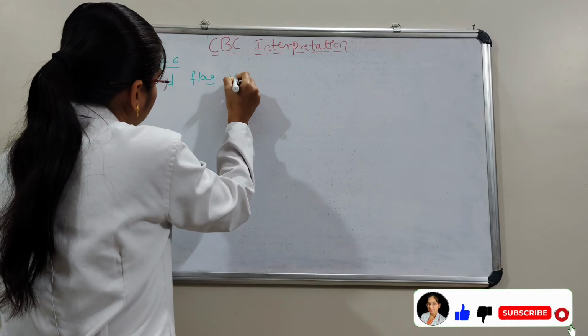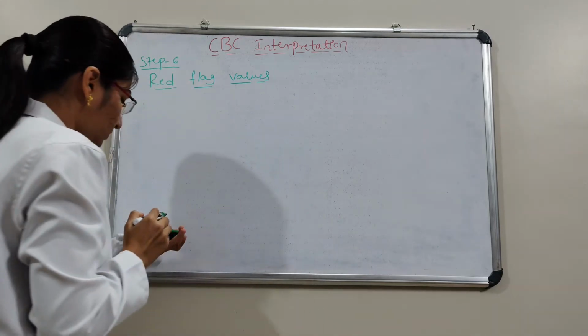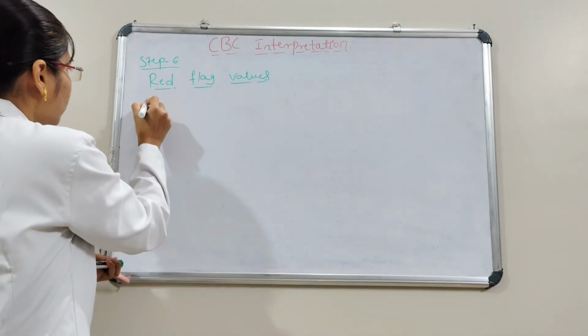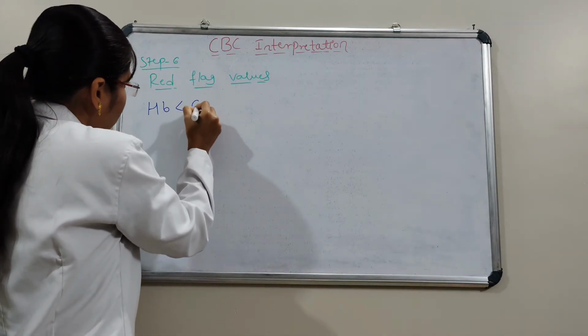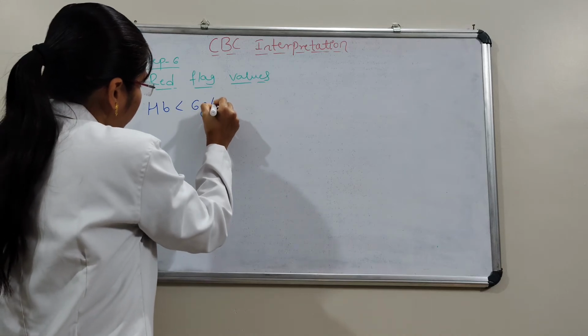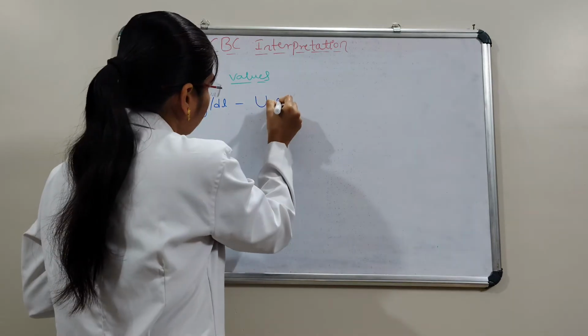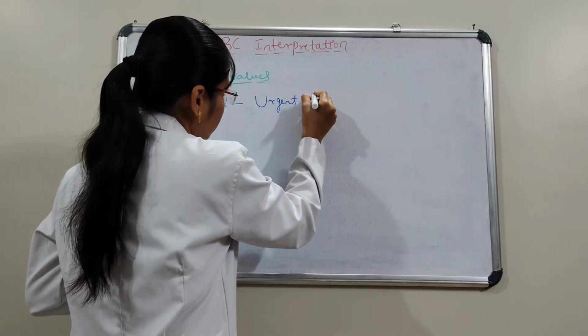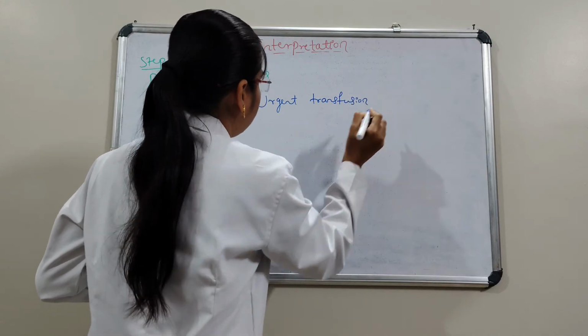Red flag values are very important, don't forget. HB less than 6 grams per deciliter needs urgent blood transfusion.